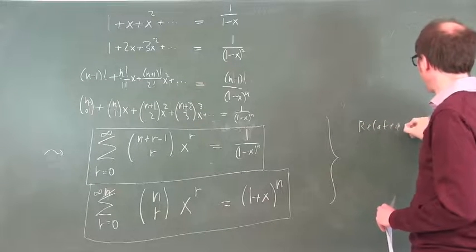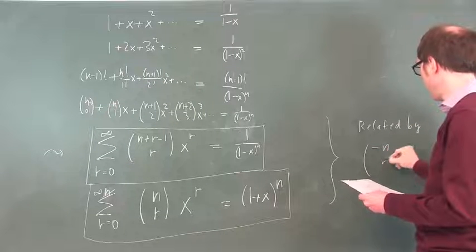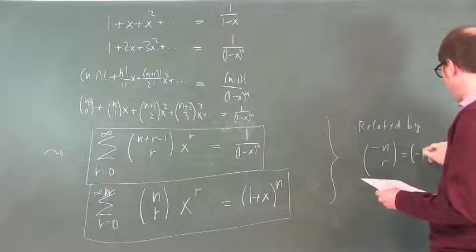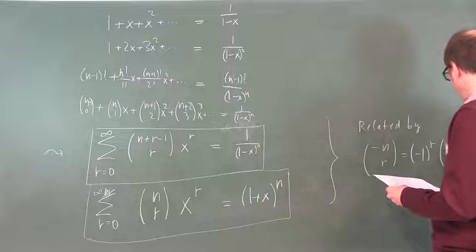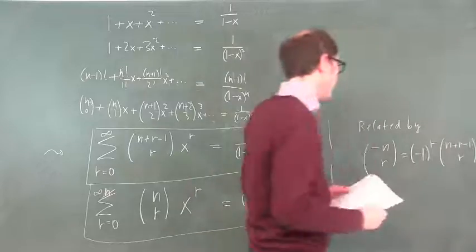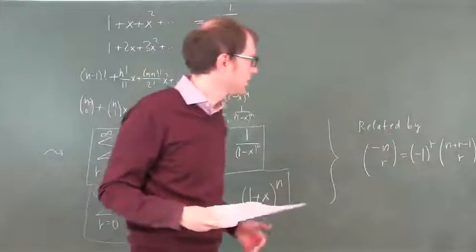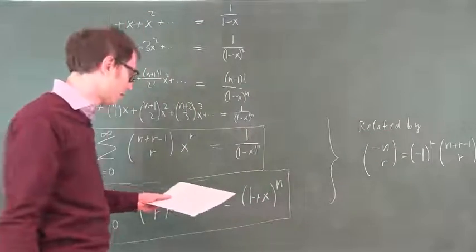These two formulas are related by another nice combinatorial identity, which I just write down. And there's a box in the book which explains this.